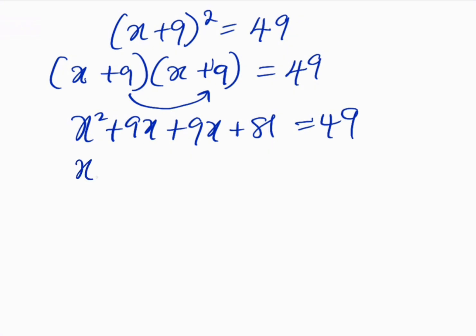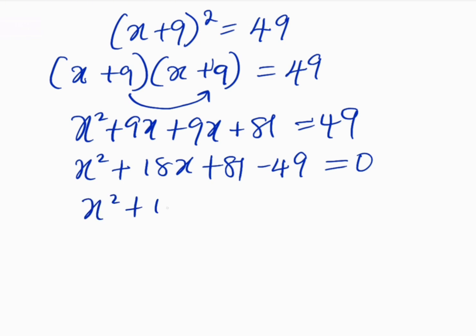So we have x² + 18x + 81 - 49 = 0. So this will now be x² + 18x + 32 = 0.